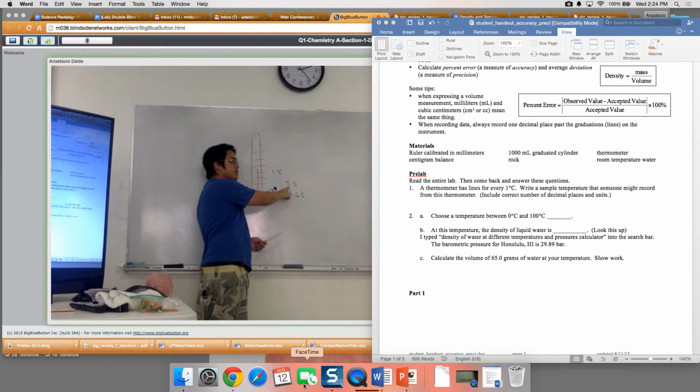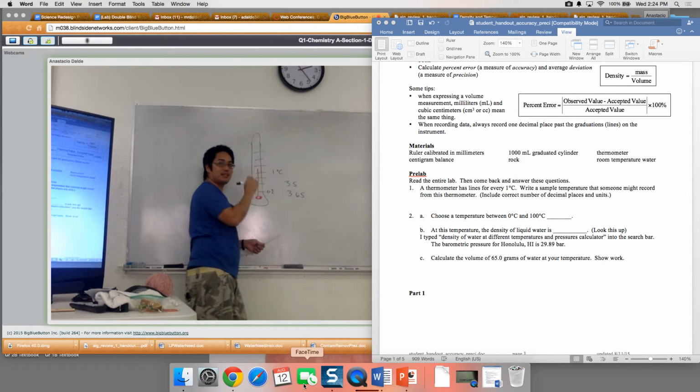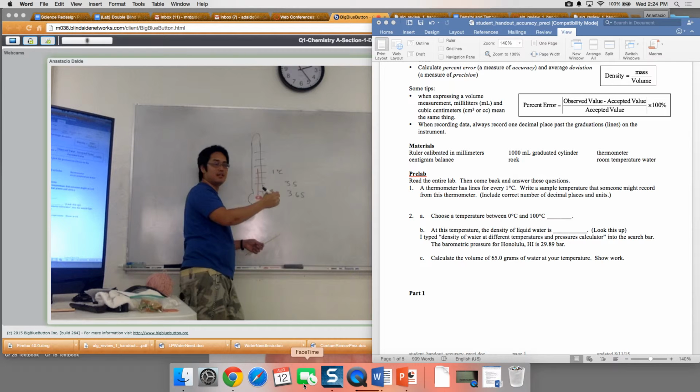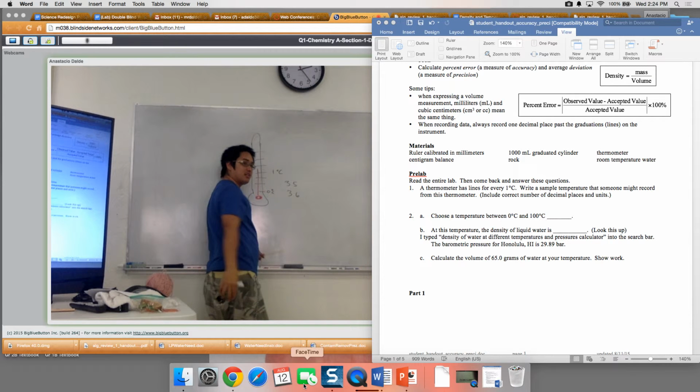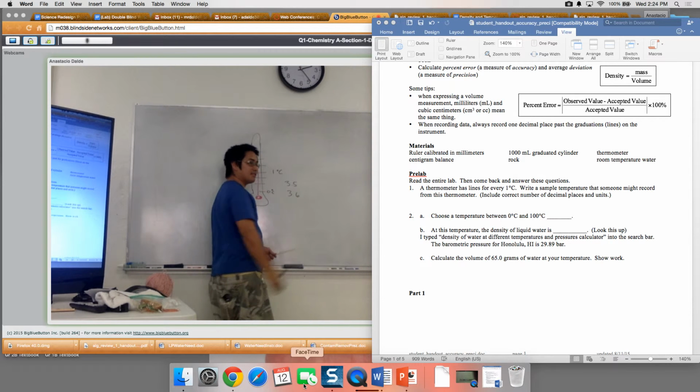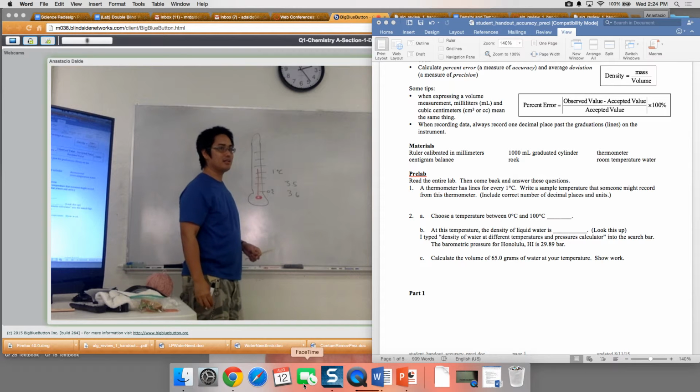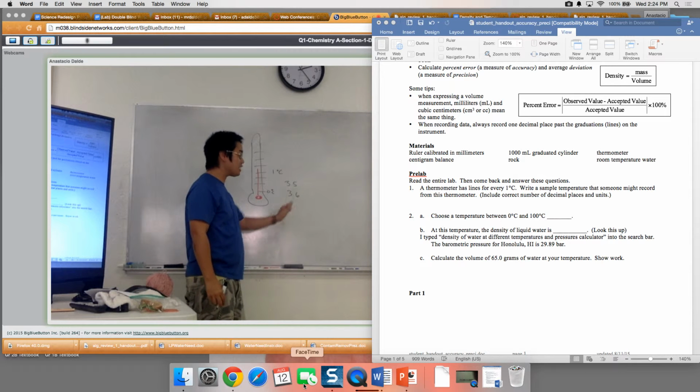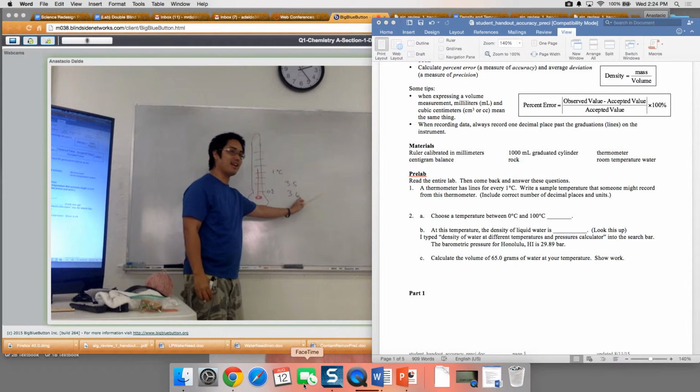I can guarantee tell you it's 3, right? It's at least 3. Now the second one is your guess. The next number is your guess. And is 3.5 correct? Sure, it could be correct. Is 3.6 just as correct? Yes, because that's your guess. You're allowed to guess that last digit.